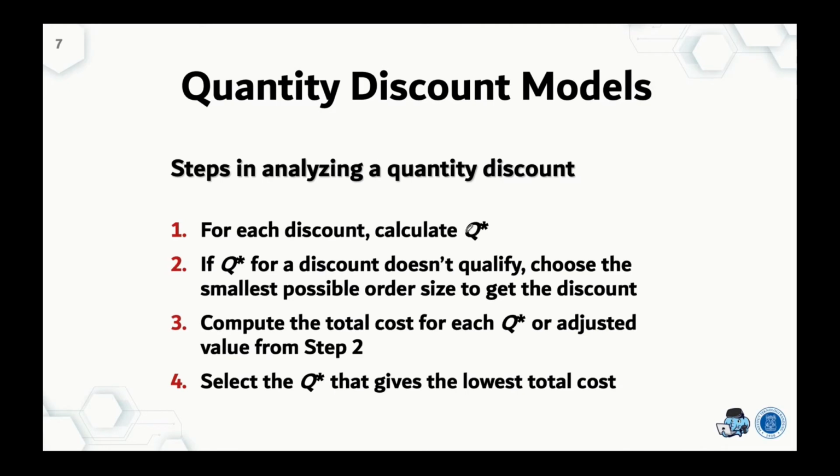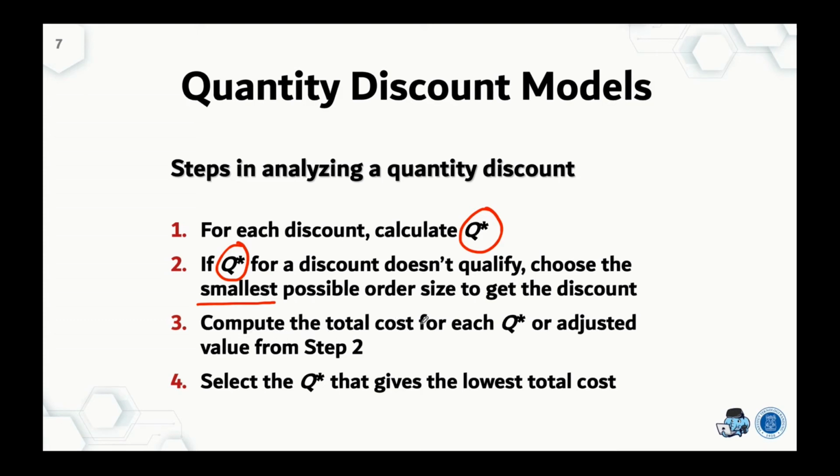For each quantity discount, we should calculate the Q. And then if the Q optimum, the optimum order quantity for the discount, doesn't qualify, choose the smallest possible order size to get the discount. So we have to make an adjustment to the smallest possible order size to get the discount.